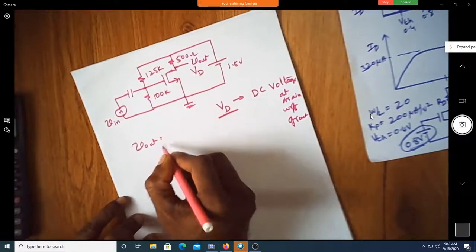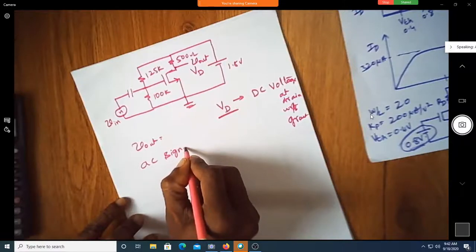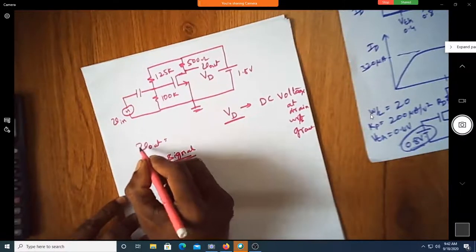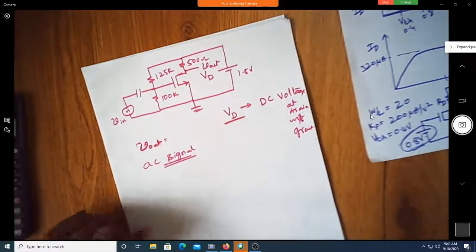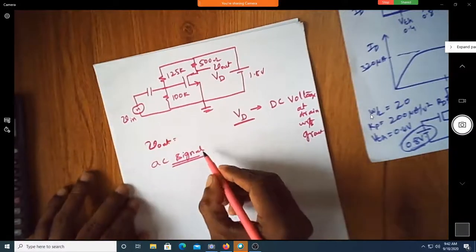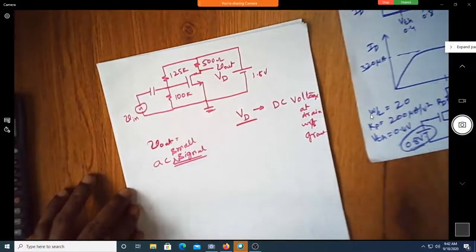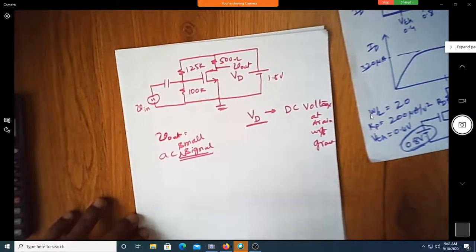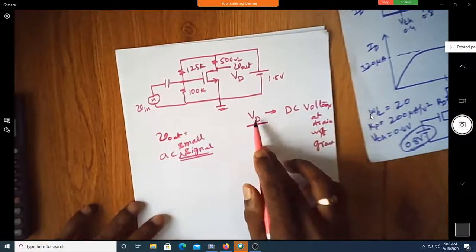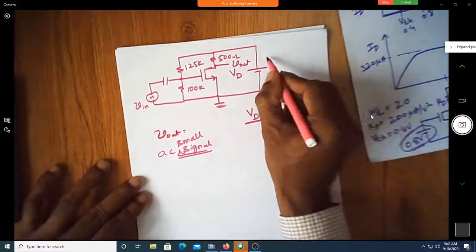It is an output AC voltage signal, an AC small signal, because they are all in small letters. Since it is small, we write it in small letters. We just think that way. If it is DC, it's always in capital representation. This is again VDD.